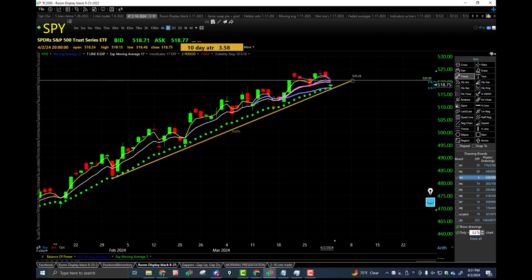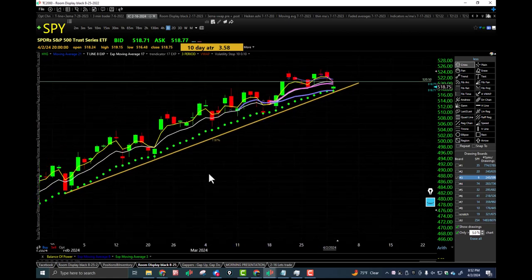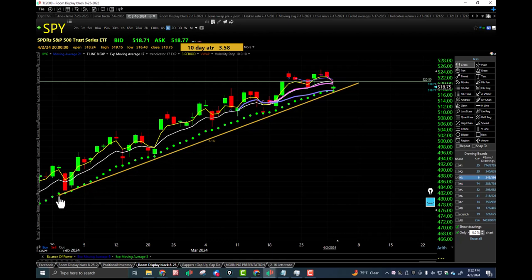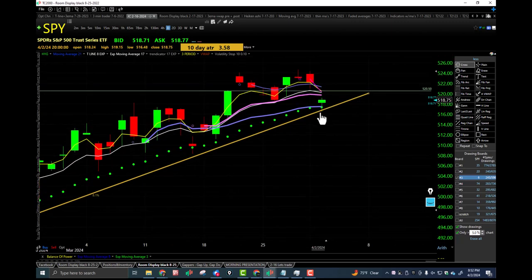Okay, you want to see why the SPY bounced today? Diagonal support. Now, I didn't do anything special, nothing magical. All I did was connect the low, the low, the low, and lo and behold, right here, we bounce.